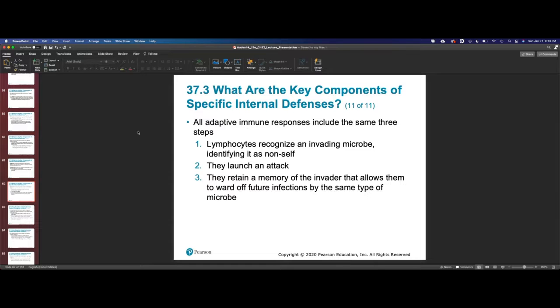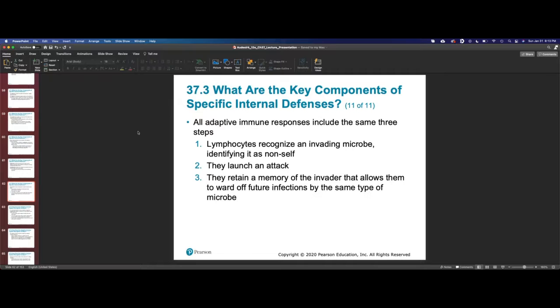So in the adaptive immune response, you're going to have white blood cells recognizing an invading microbe as foreign. They'll launch their attack, and ideally they will when they are able to eventually recognize it specifically. I mean, they're not going to know the genus and the species.